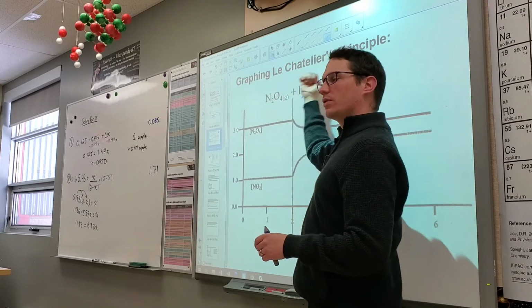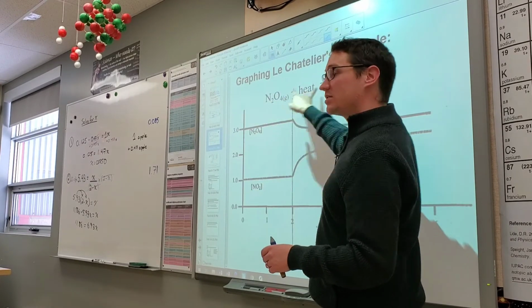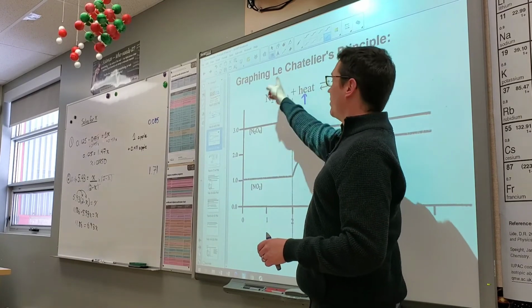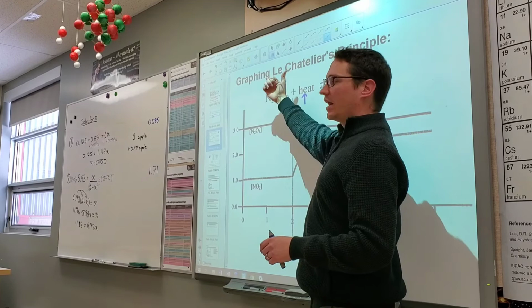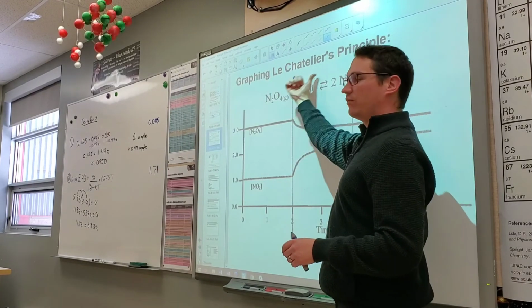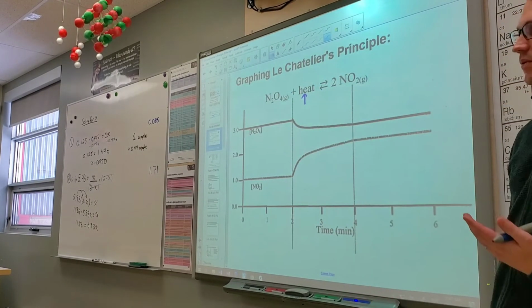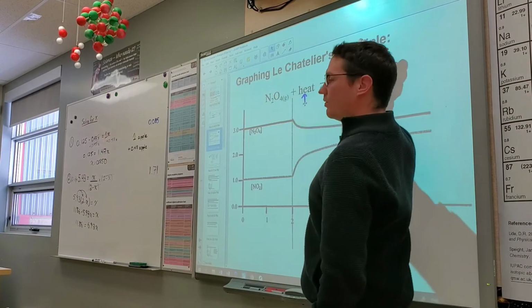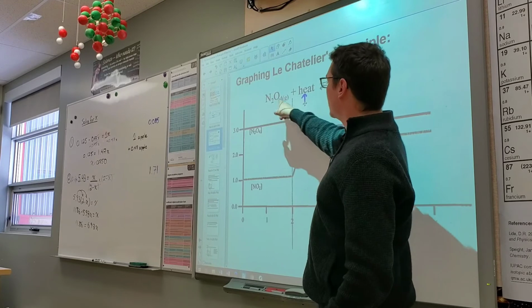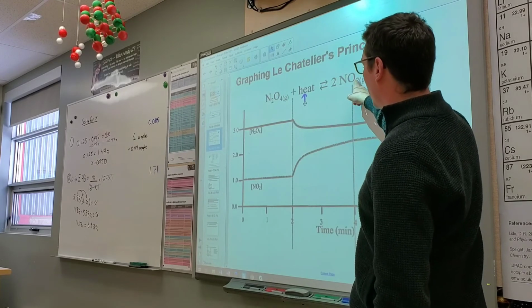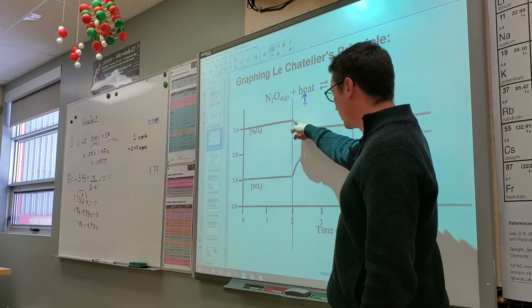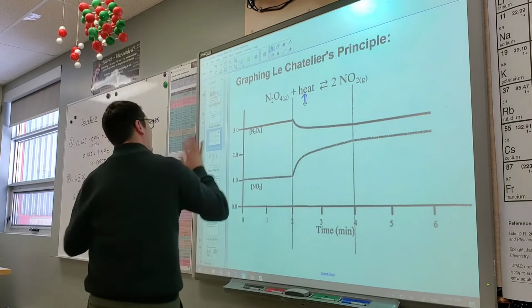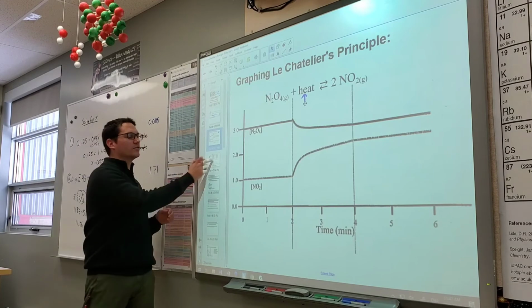I'm increasing the forwards reaction because heat is a reactant here, not a product. By adding temperature, I'm adding a reactant, and I'm forcing the forwards reaction to increase its rate. So by increasing the forwards rate, I'm decreasing N2O4, and I'm increasing NO2. The specifics aren't super important.